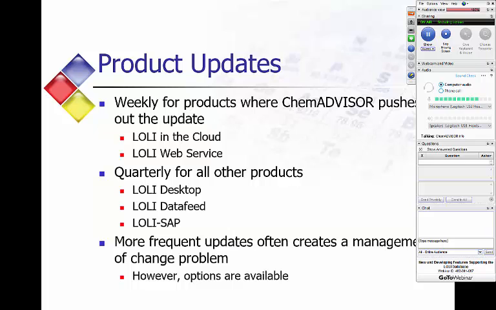That has led to an industry standard of quarterly updates: January, April, July, and October. And the fact of the matter is, more frequent updates means a more frequent management of change problem. So most people are satisfied with having the quarterly updates, and that has been the standard.